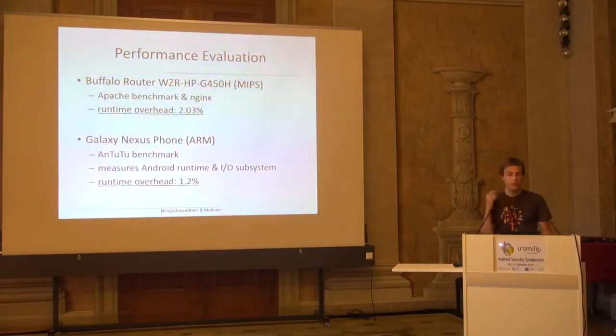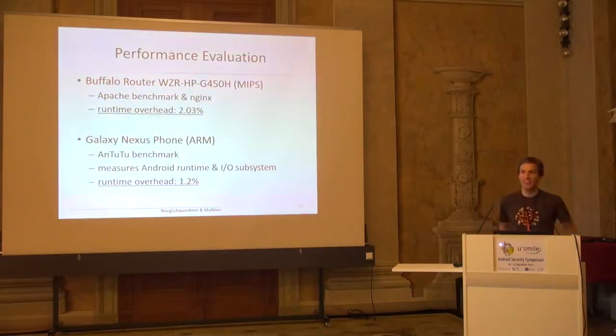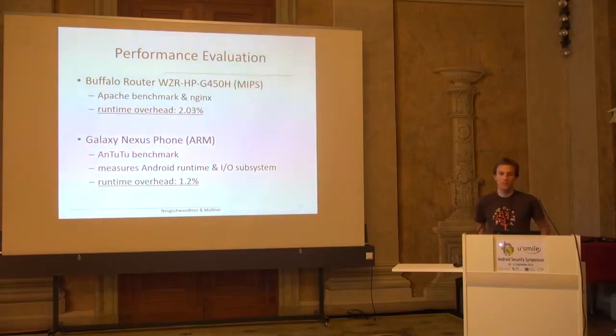Of course, we also did a performance evaluation. We added something to the kernel, so there's got to be some overhead. We used a Buffalo router that runs Linux, OpenWrt, and we used Apache Benchmark and Nginx, and we got an approximate runtime overhead of 2%.